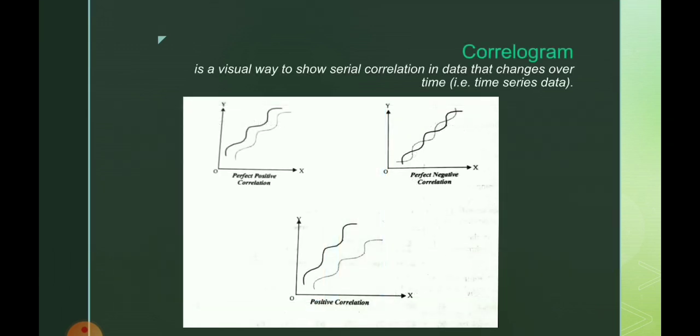The next graphical method is the correlogram, which you can also call a simple graph. It is a visual way to show serial correlation of data that changes over time.